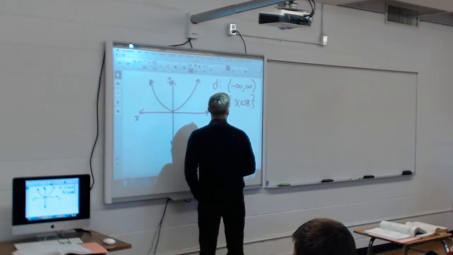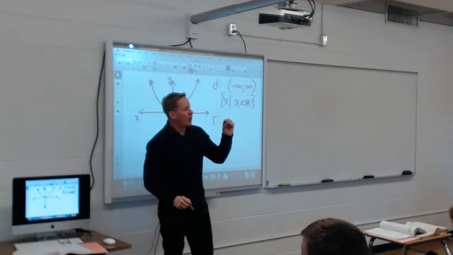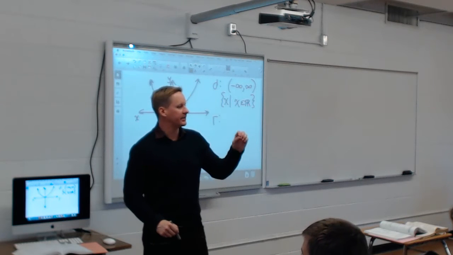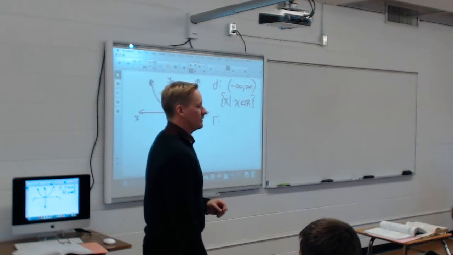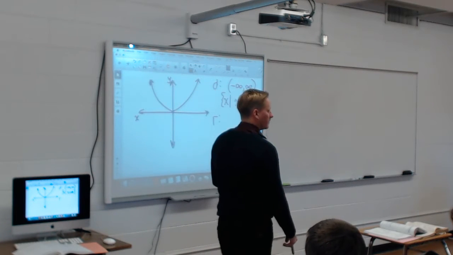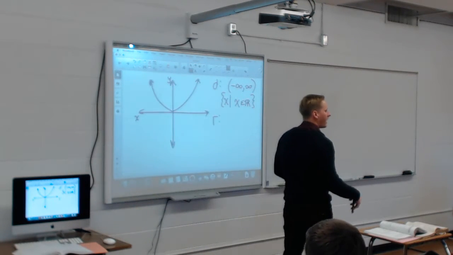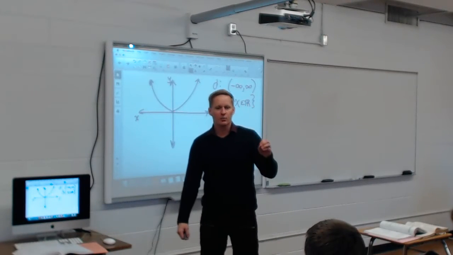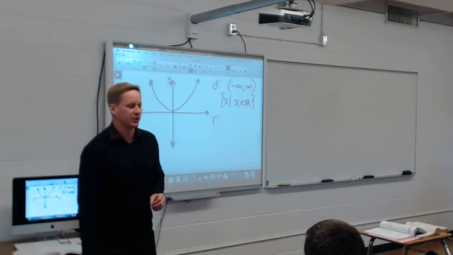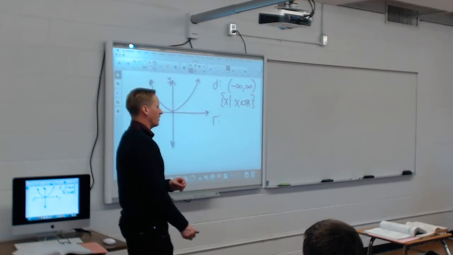How about your range on this graph? The range is the set of all the y values that this graph covers. Domain is horizontal; range, y values, vertical. What is the smallest y value that this graph touches? 0.